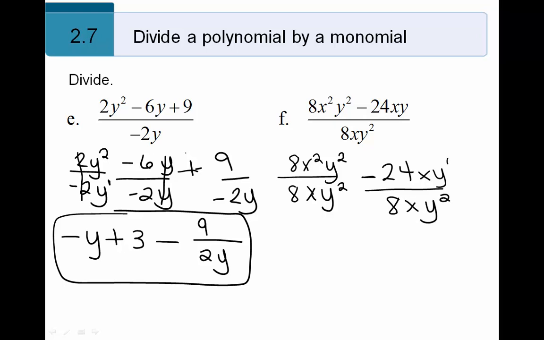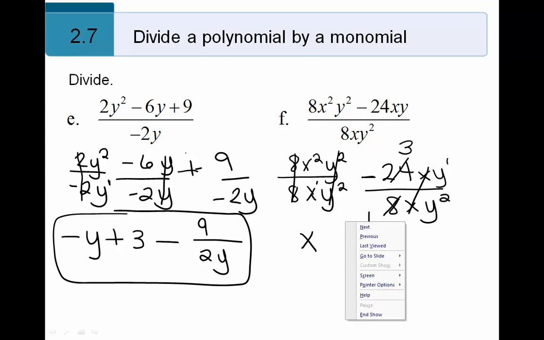So 8 divided by 8 is 1, y squared divided by y squared is 1. So we have x to the 2 minus 1, which is just x to the first. Negative 24 divided by 8 is negative 3. 8 goes into here once, 8 goes into here 3 times. X divided by x is 1.